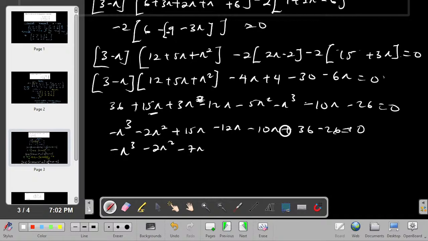Then I'll have 36 minus 26, as plus 10, is equal to 0. Interesting. So this is the same as minus lambda cubed plus 2 lambda squared plus 7 lambda minus 10 is equal to 0.